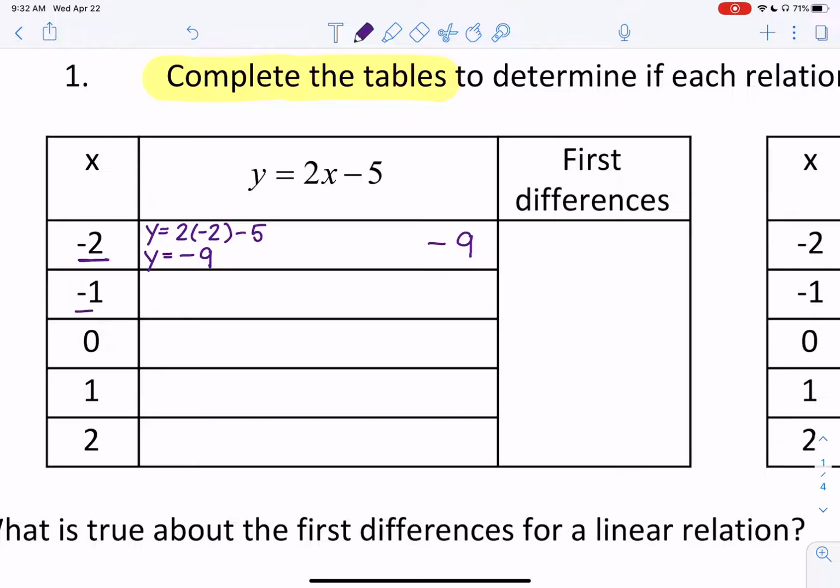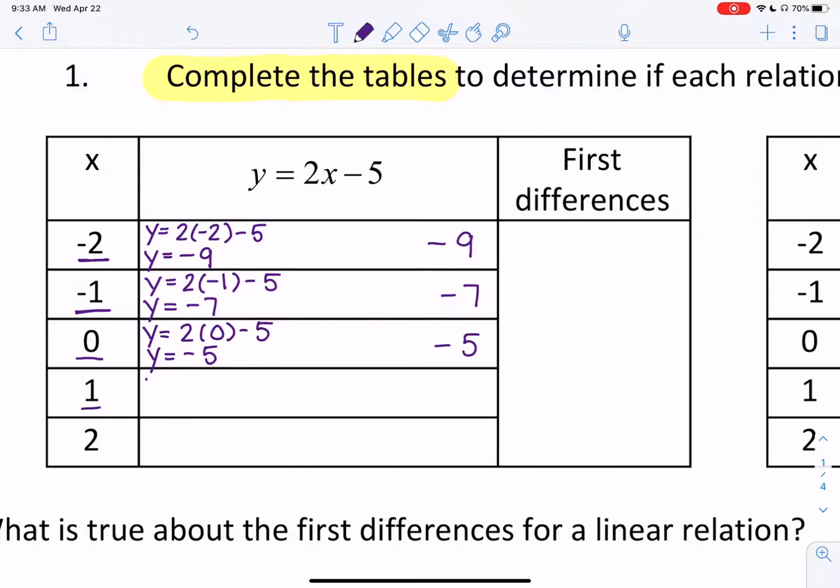So for my second row, I have a -1 over here. So instead of writing a -2 in for x, I'm going to write a -1. And that will give me -7. For the next row, because I have a 0 here, instead of writing an x, I'm going to write a 0. So we get y equals -5.